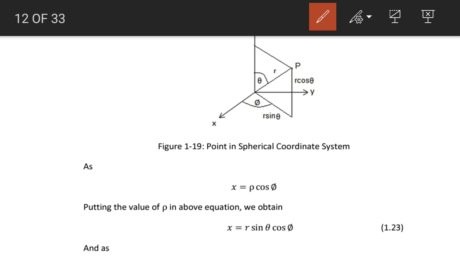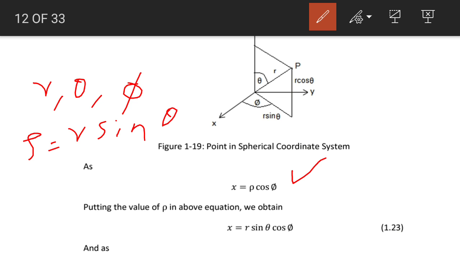So we need to calculate x in terms of r, theta and phi. How do we calculate x in terms of r, theta and phi? So we consider this particular equation first. We know that x is equal to rho cos phi. We know this particular equation, and we also know that rho is equal to r sine theta. So we put the value of rho in this particular equation.